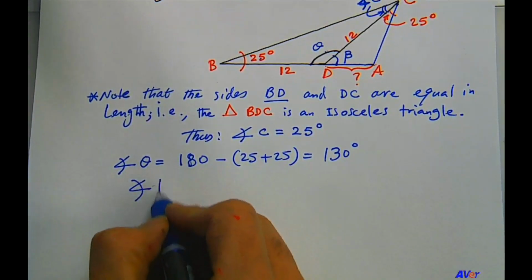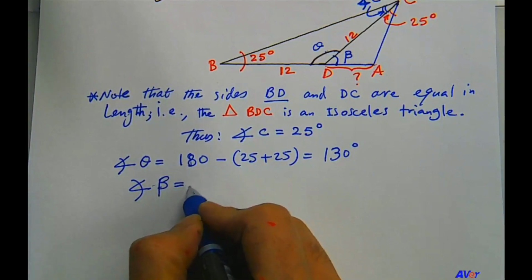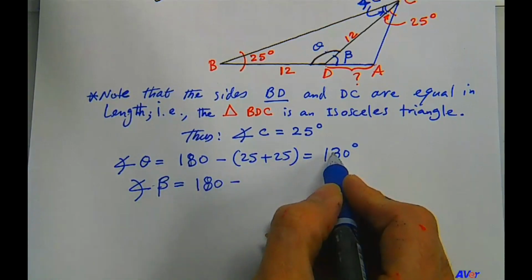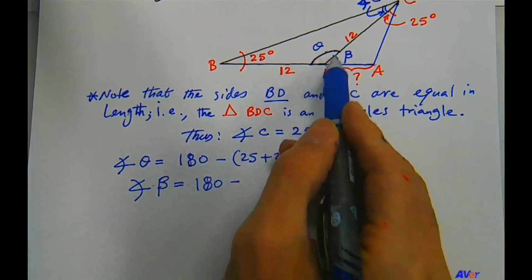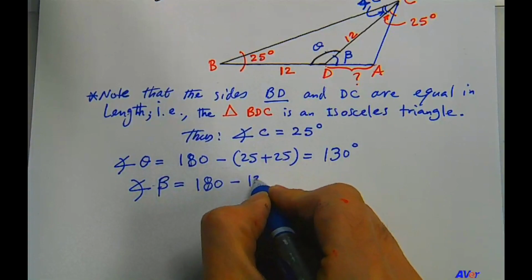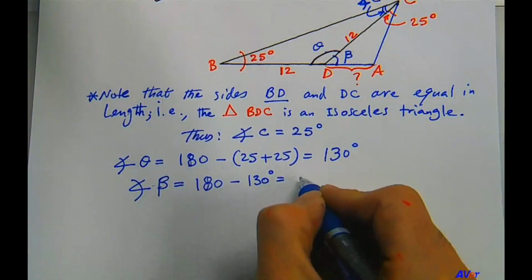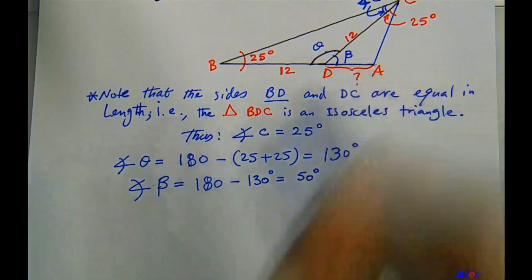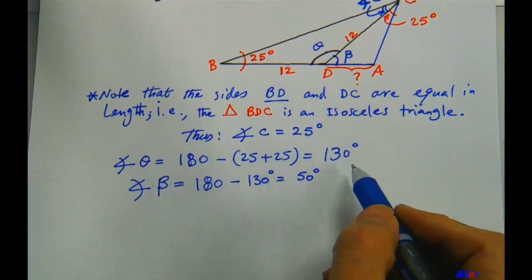Angle beta is equal to 180 degrees minus 130 degrees, which is theta. So we get 50 degrees. That's beta.